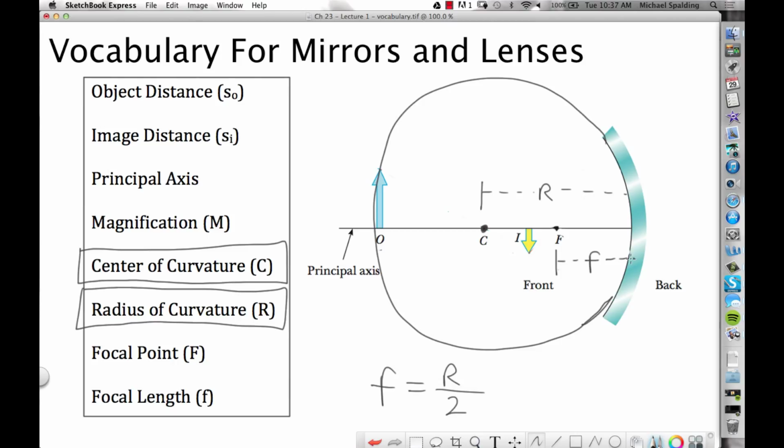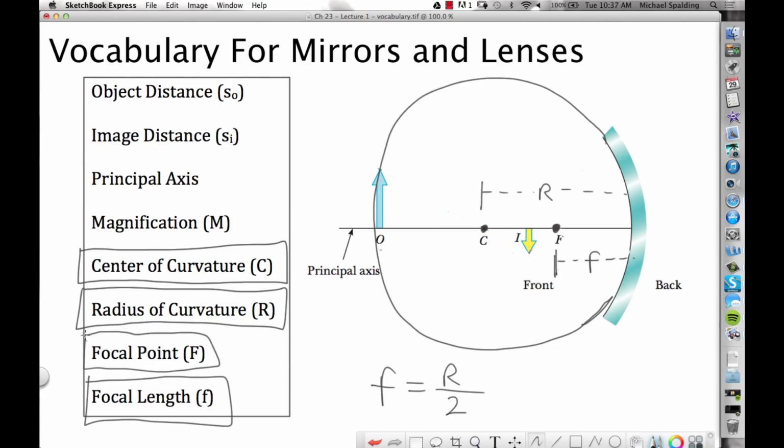I'm not a photography guy, but anybody in photography? The focal length of a lens, right? Half the radius of curvature, focal length. If you go from the mirror out one focal length, that takes you to what we call the focal point, right? So starting at the mirror, you come out the focal length. That's called the focal point.